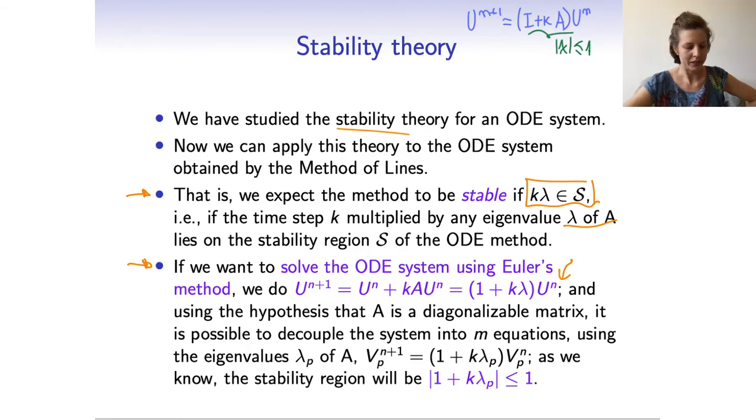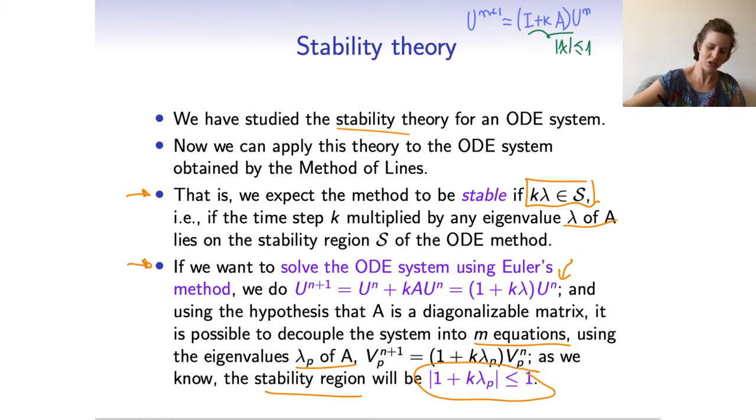and using the hypothesis that A is a diagonalizable matrix, it is possible to decouple the system into M equations, remember? So using the eigenvalues lambda p of A, we can decouple the method, and therefore for it to be in the stability region, we ask that each eigenvalue lambda p of the matrix A satisfy this condition.